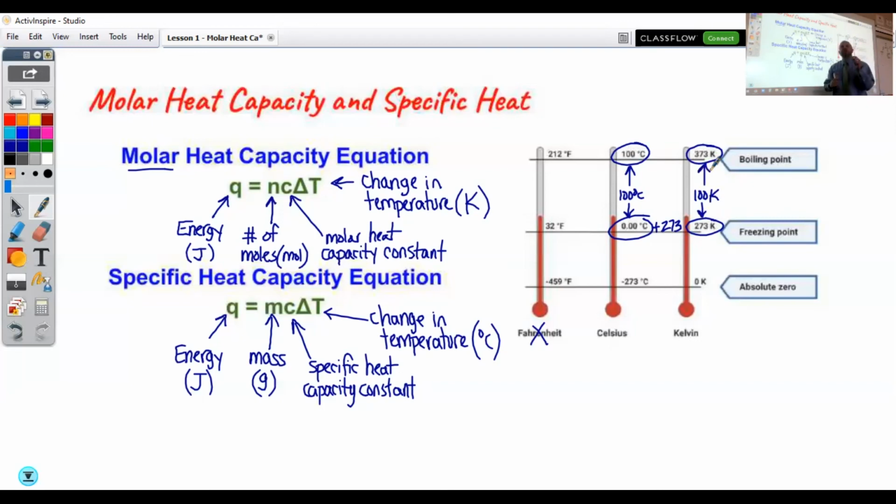That's because the unit size in degrees Celsius is equal to the unit size in Kelvin. Therefore, when we're talking about changes in temperature, not temperatures themselves, but the difference between two temperatures, those differences are going to be the same regardless of whether you're using the Celsius scale or the Kelvin scale.